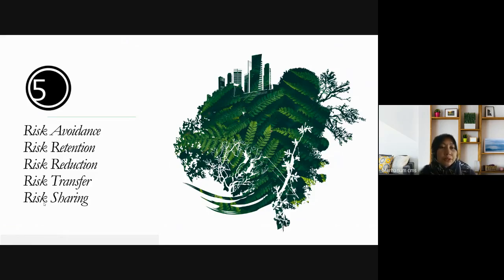You can reduce the risk by using an umbrella during rainy days, or you can reduce the risk by, what else, taking care of your health. Eat vitamins to ensure that your health is good. So you reduce the risk of illnesses.